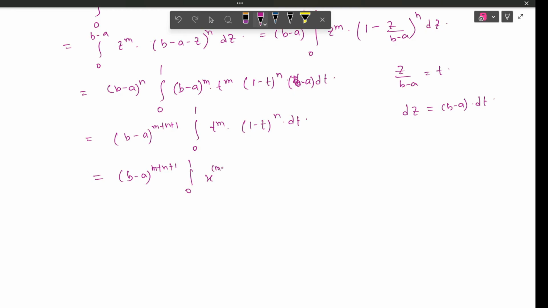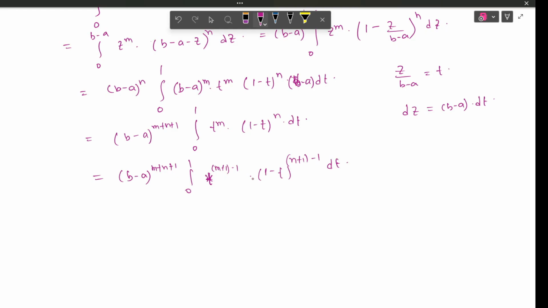So you have to write m as m plus 1 minus 1, and for n, 1 minus x, that is 1 minus t, right? Here we have 1 minus t to the power n plus 1 minus 1 dt. So it is exactly in the same format.